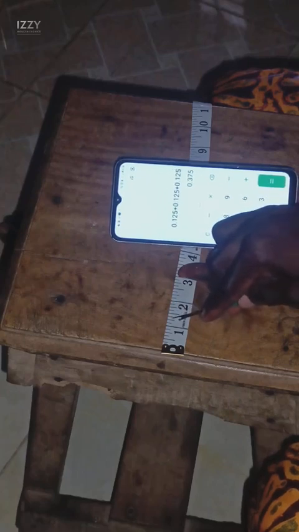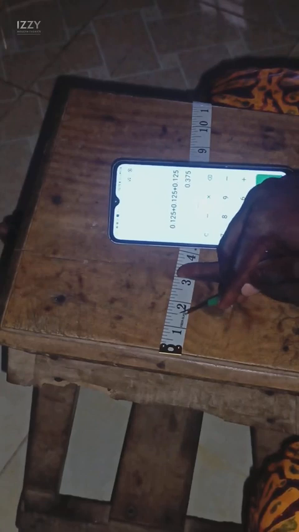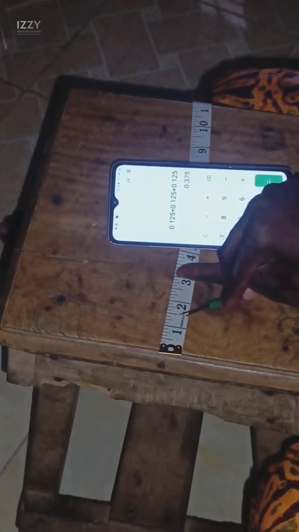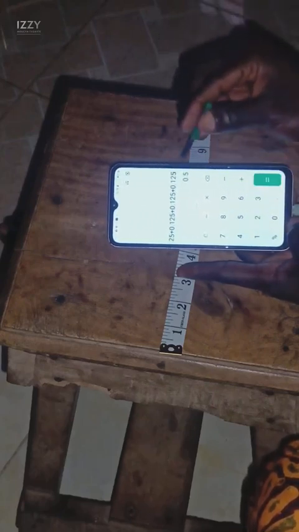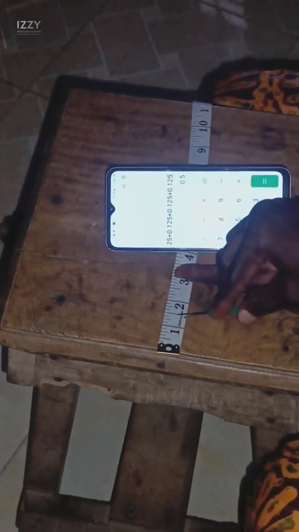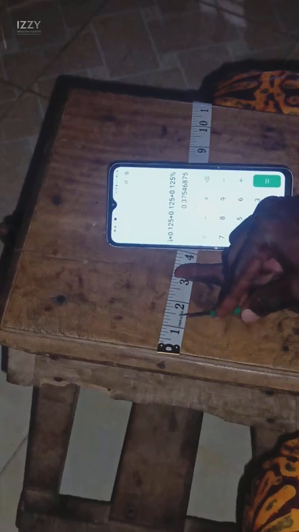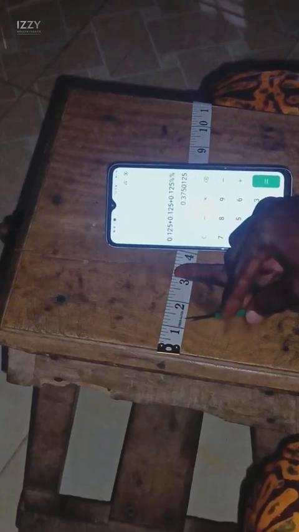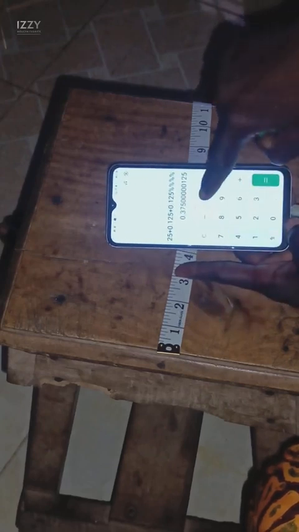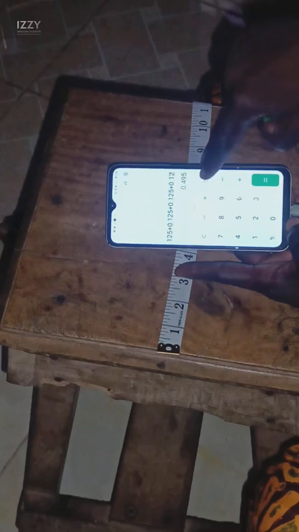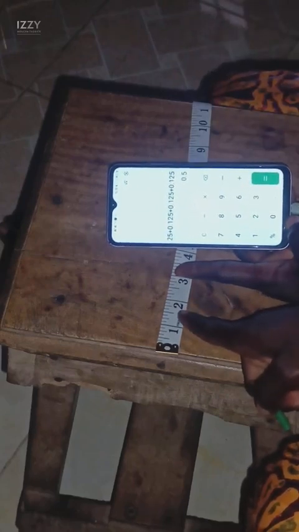So for the next one, plus 0.125 gives me 0.5. That means 1.5, or we call it 1.5.